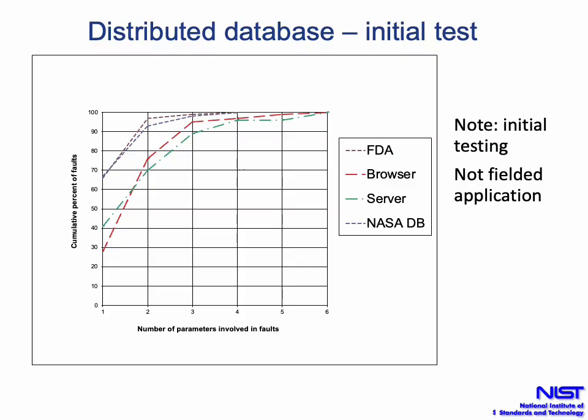But as you'll see, the blue line is actually below the medical device software. So the fault profile for the first time testing of this distributed database is actually better than the fielded products that we saw earlier. Now, that may be due to better testing, better development methods, not clear, but it's an interesting thing to see.